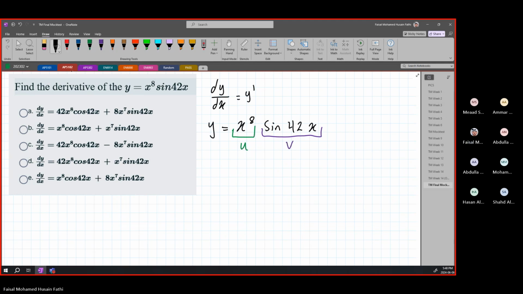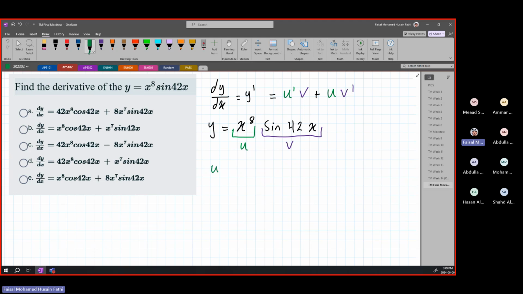So remember, for the product rule, our differentiation is u prime times v plus u v prime. This is the equation. It is also given in the formula sheet. This is the equation for a function where you have the product rule to be applied.